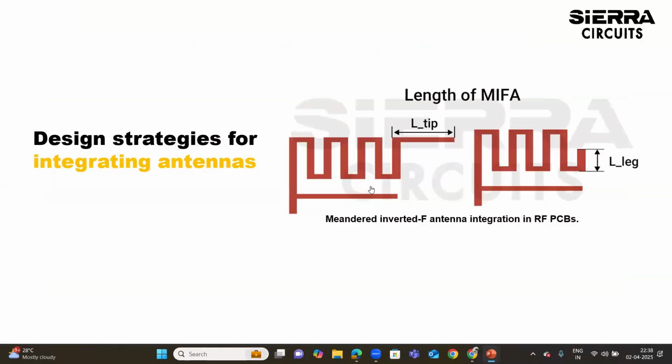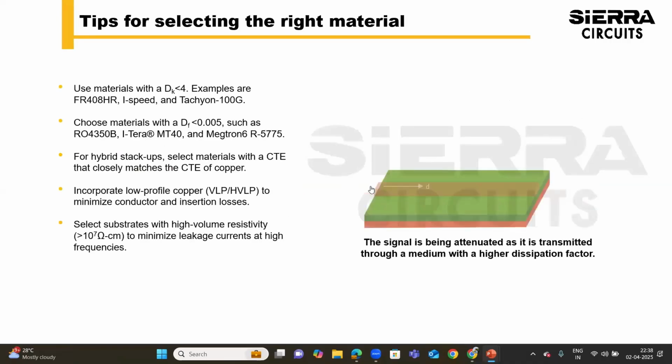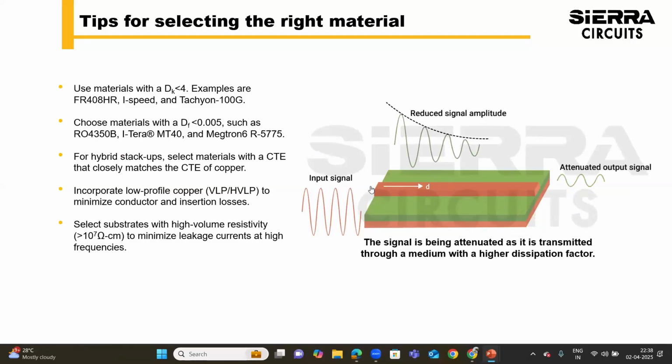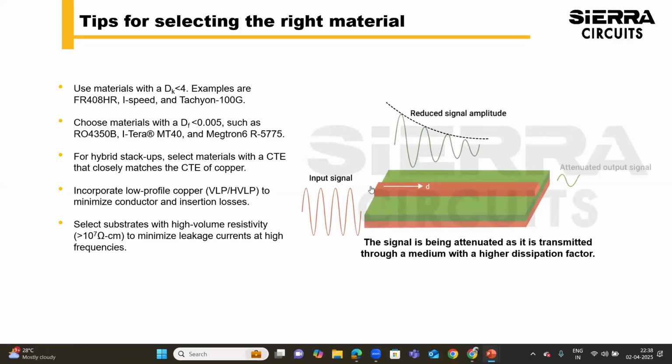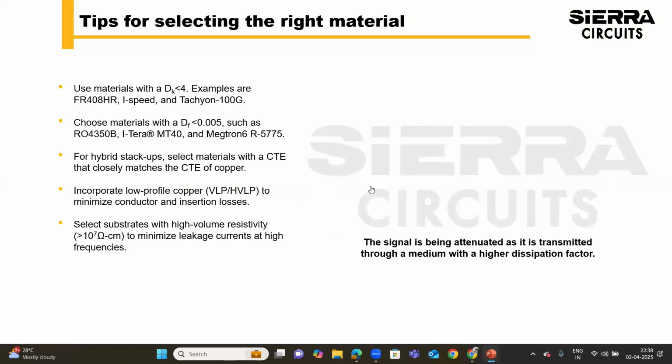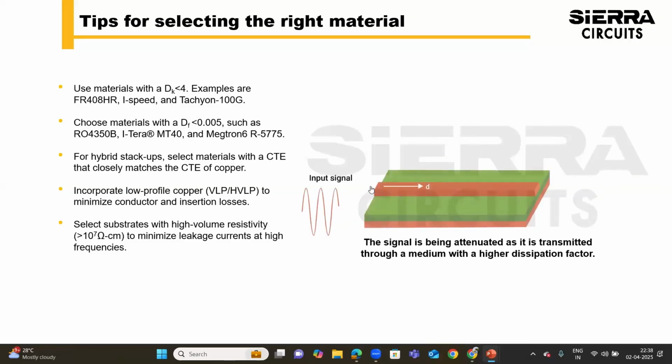So now let's discuss the best design strategies to ensure optimal integration of antennas into RF PCBs. One of the most important decisions in RF PCB design is the material selection. The right materials can significantly enhance the performance while minimizing the losses. There are a few tips that you can follow. You can use materials with a dielectric constant less than 4.